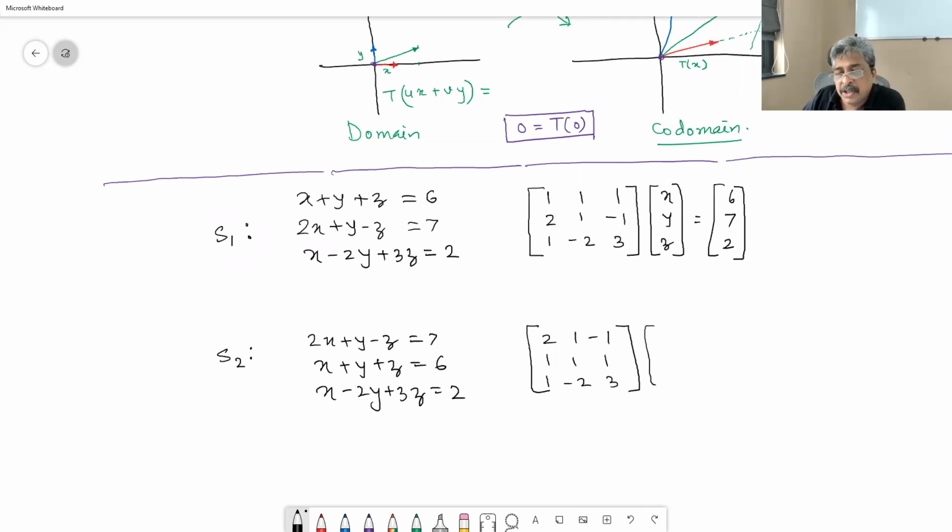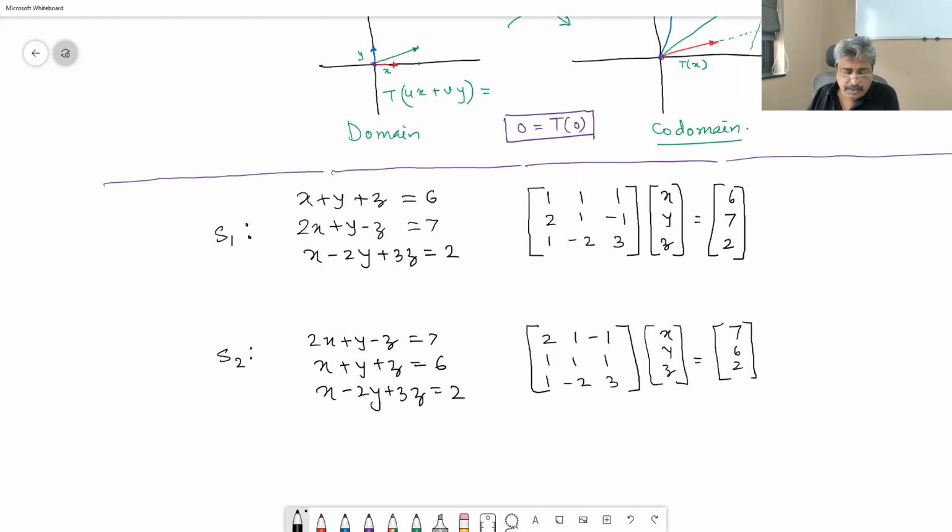Will there be any change here? The x y z vector will continue to remain the same, and the only change will be 7 6 2. So if we wish to compare S1 and S2, what can we conclude?